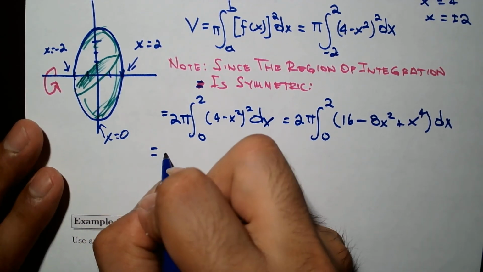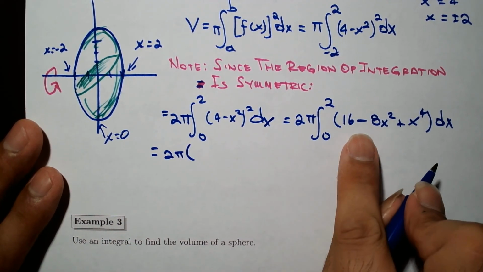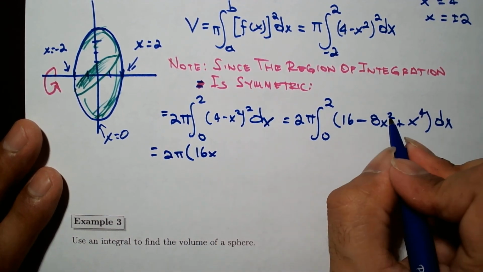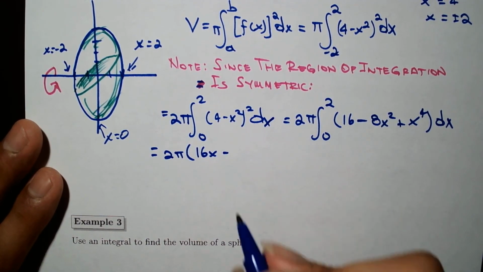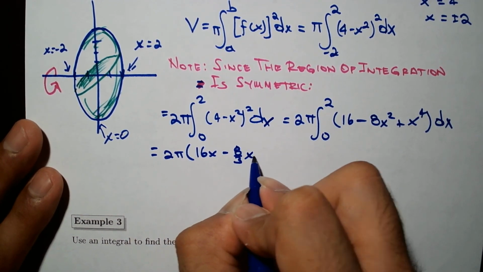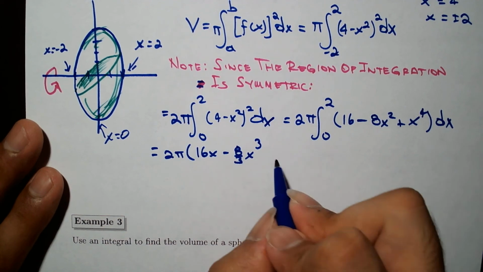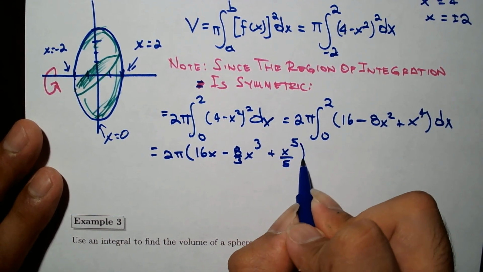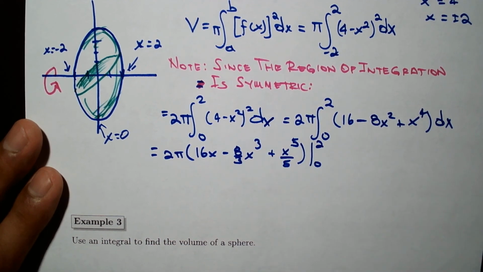So that will be 2 pi times the integral of 16, which is 16x, the integral of negative 8x squared, which is 8/3 of x cubed, plus x to the fifth over 5, evaluated from 0 to 2.